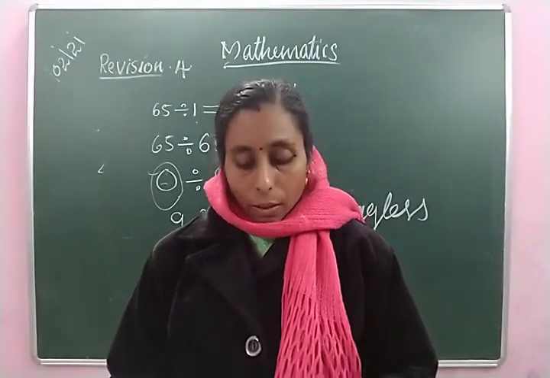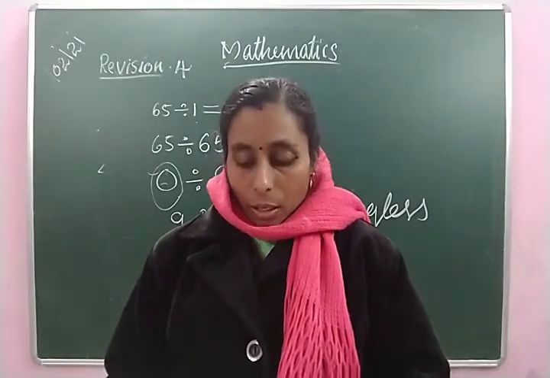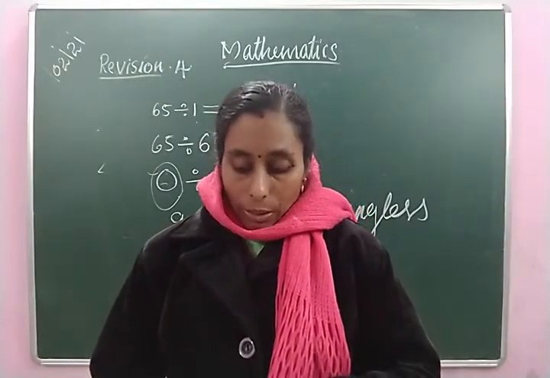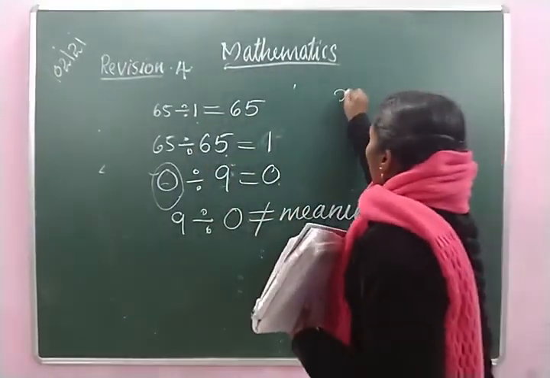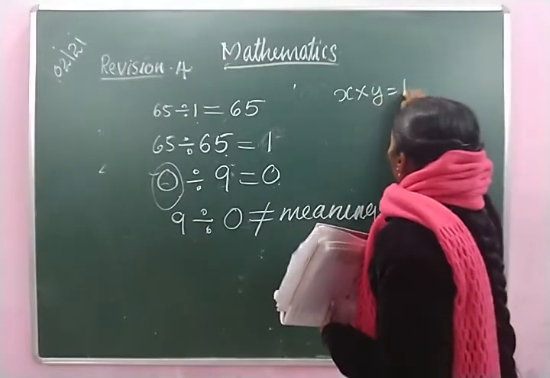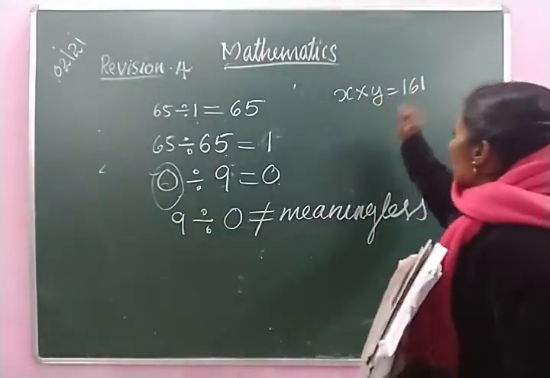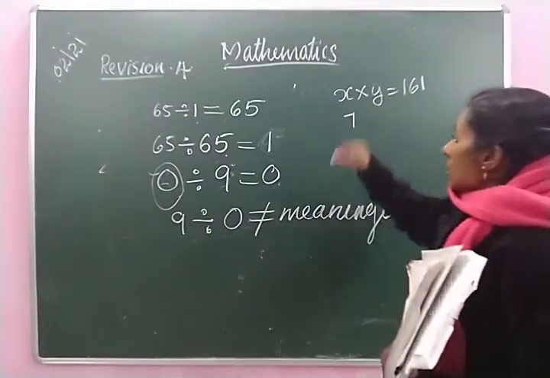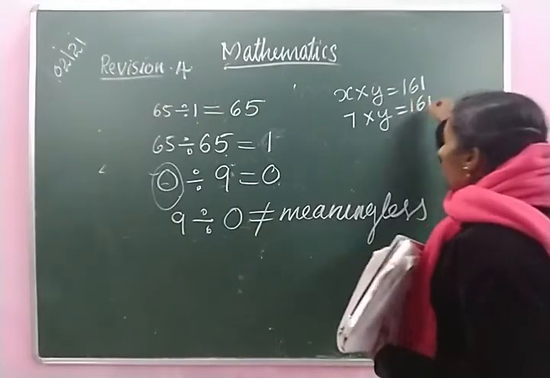Okay. Here one question is that the product of two numbers is 161. If one number is 7, find the other number. Product of two numbers, x multiplied by y is equal to 161. One number is 7, so 7 into y is equal to 161.